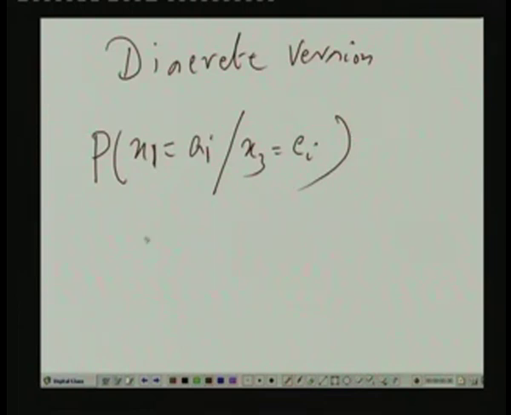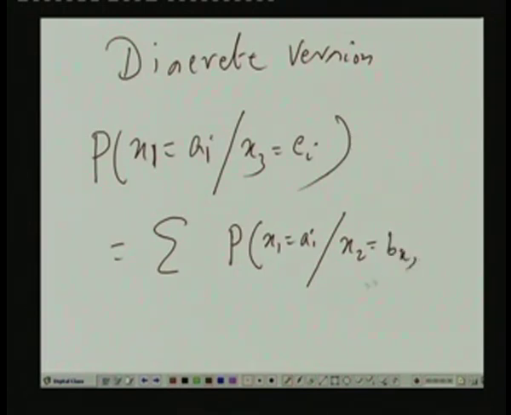This analogously you can write, and you can prove also analogously, as P of x1 equal to ai subject to two random variables, x2 taking say some bk and x3 taking ci. x2 is another random variable which takes values from a set b1, b2, b3 and so on.